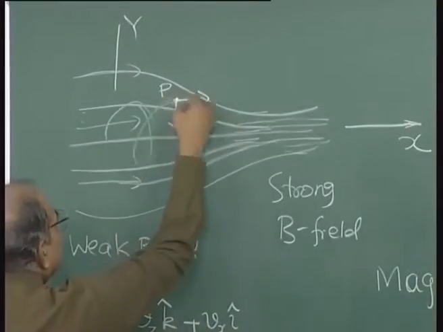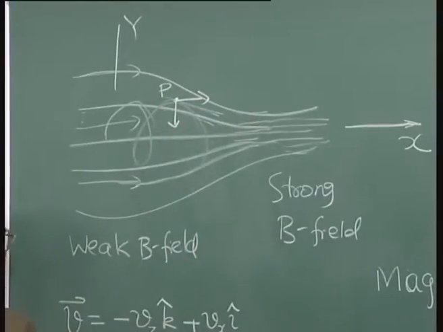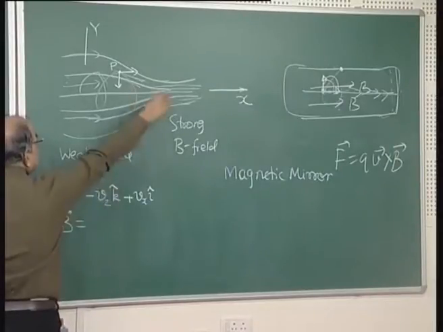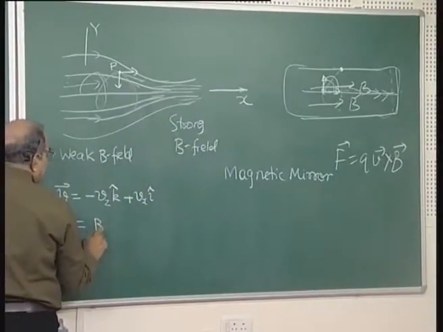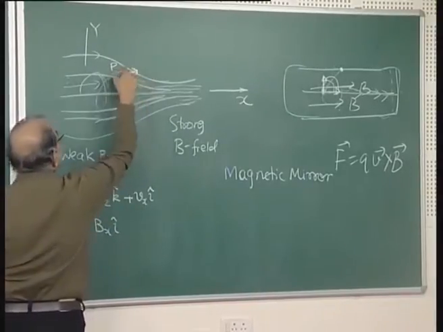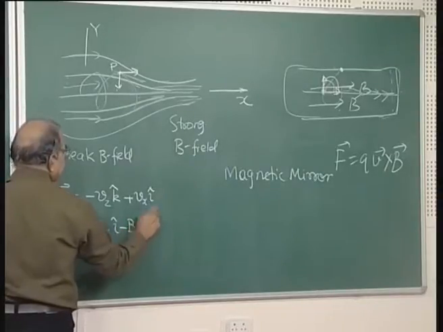These are the directions of the magnetic field. So, it has a component here, it has a component here. So, B is equal to some B x in i cap direction, and then minus B y in j cap direction.